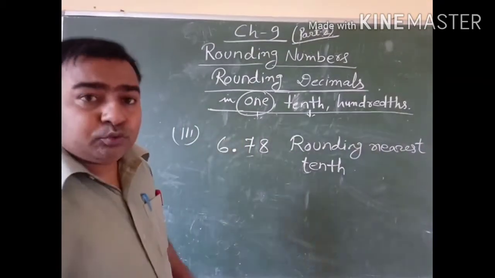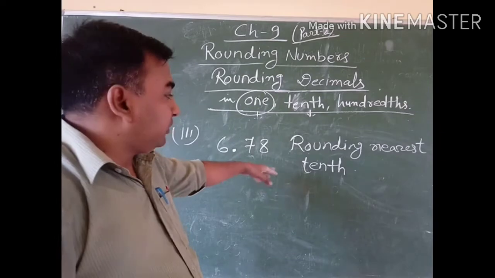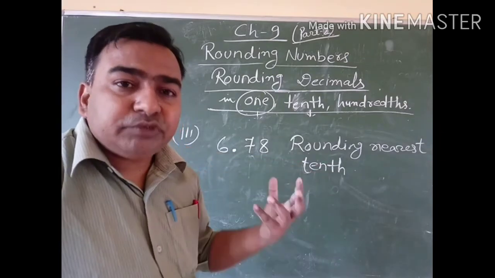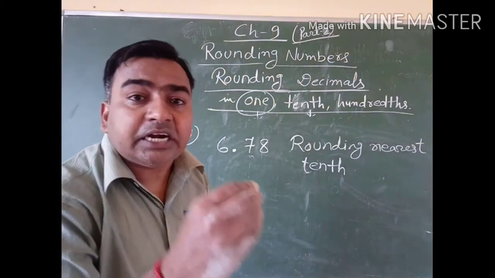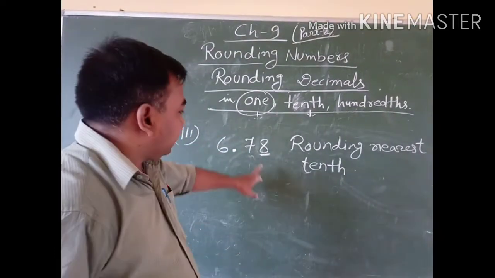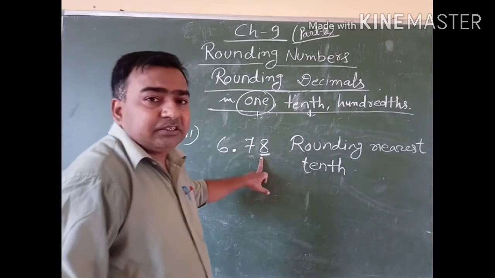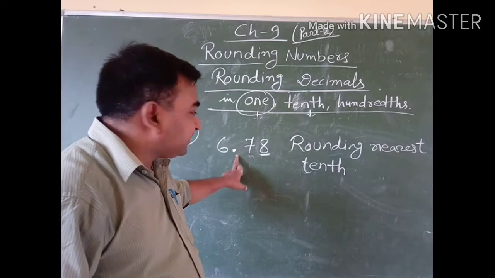So to change this given number into rounding nearest 10th, first we have to see the number in the hundredths place, the second decimal number.